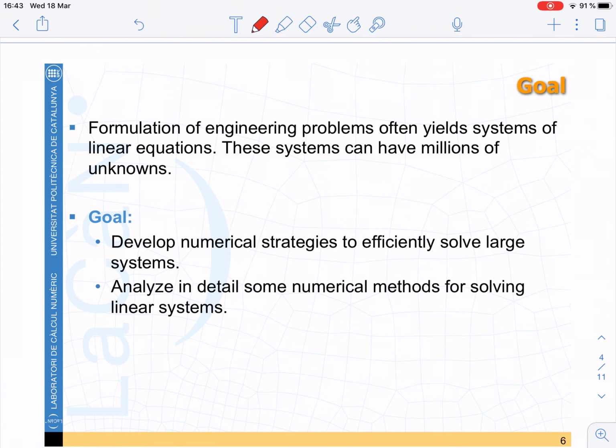We'll be interested in the solution of large systems of equations involving thousands, tens of thousands, hundreds of thousands, and even millions of equations and unknowns. And because of this, our main goal is to develop numerical strategies for the efficient solution of these large systems of equations. Okay? The keyword here is efficiency.